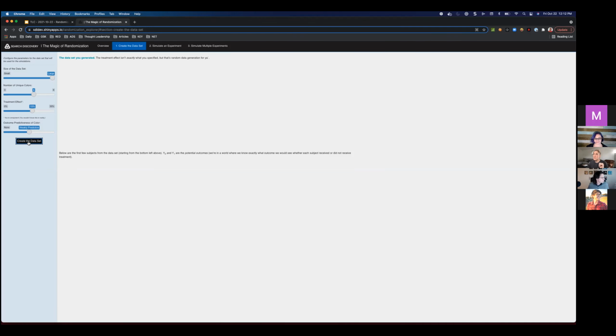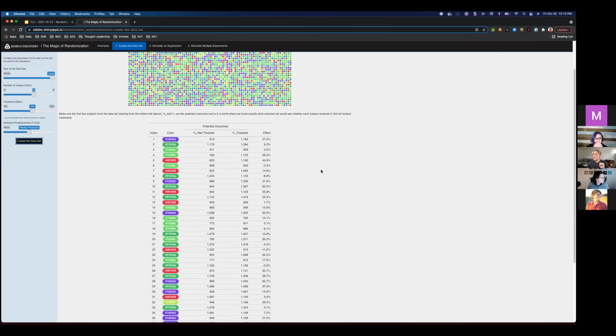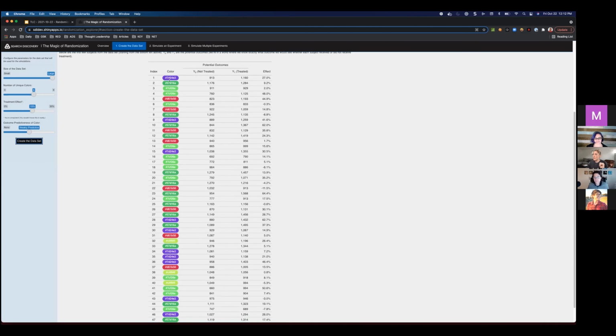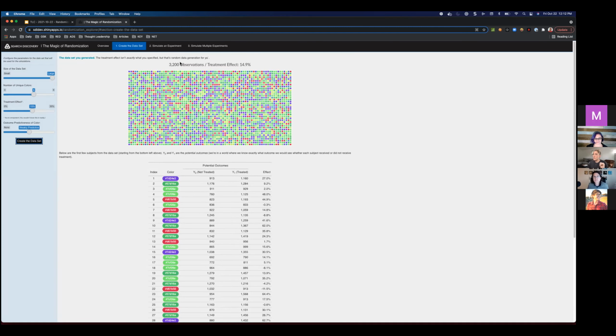If we create this data set, you can see down here in the table that every single subject, and we have 3,200, has a full schedule of what their outcome would be if they were not treated, and what the outcome would be if they were treated. The other thing to call out in this simulator is that we have given you the ability to set the actual true treatment effect, as if you were an all-knowing being and you knew exactly what the real treatment effect was. Right now it's set to 15.